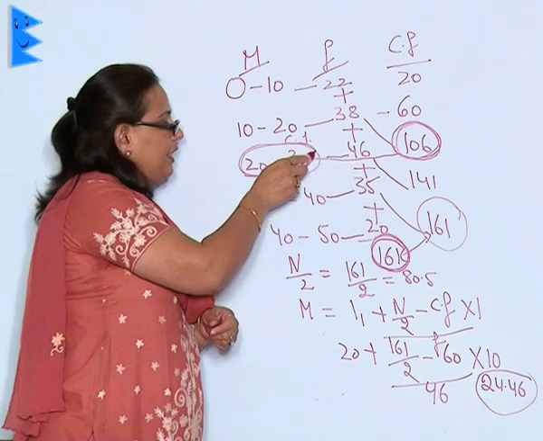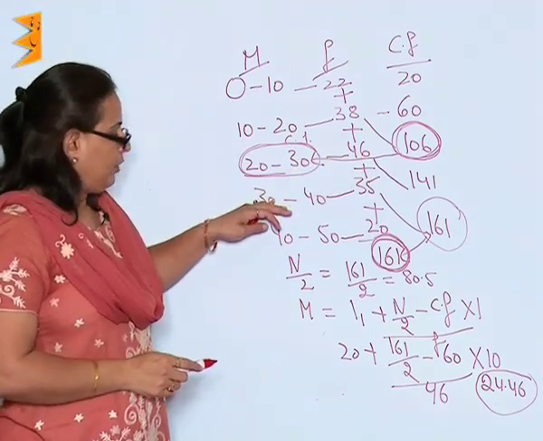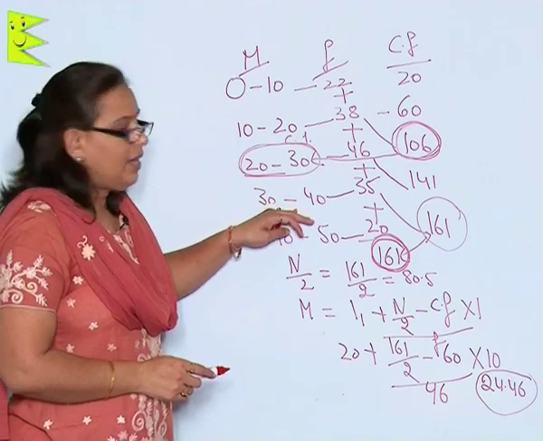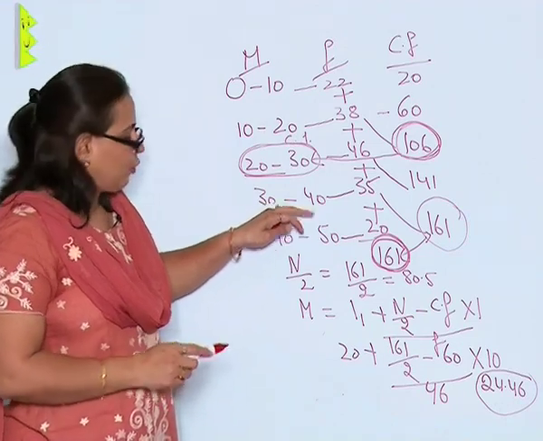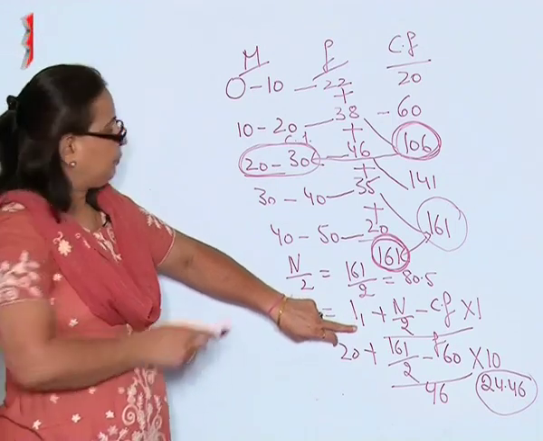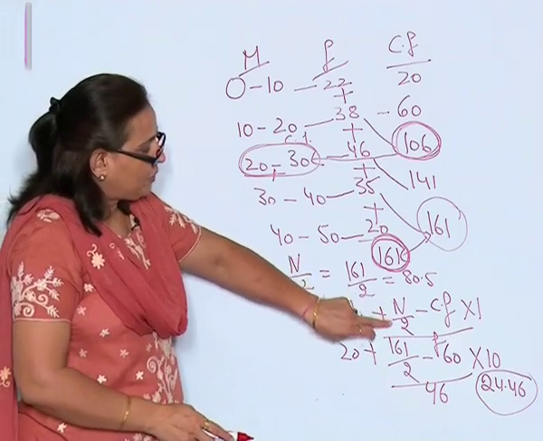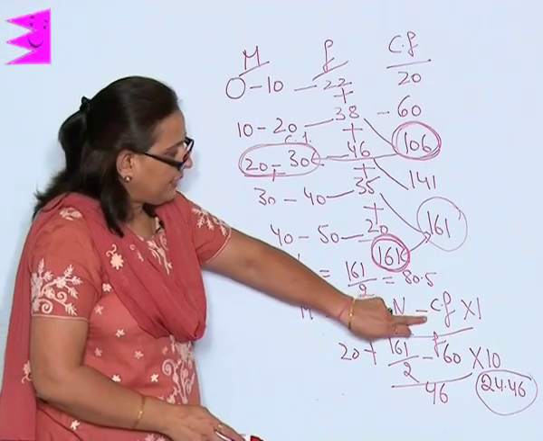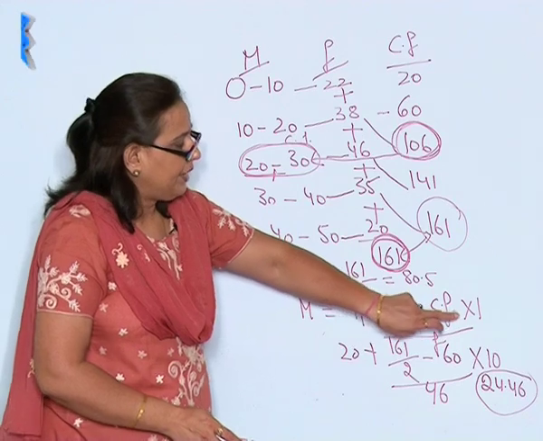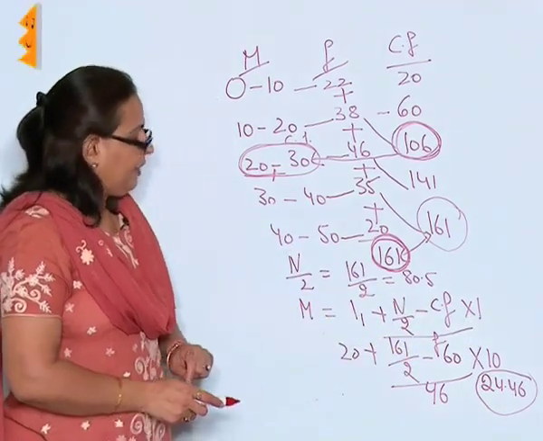Thus, we will find the median, and the formula used will be: the lower limit of the class interval, plus (number of observations upon 2 minus cumulative frequency) into class interval upon f, the frequency.